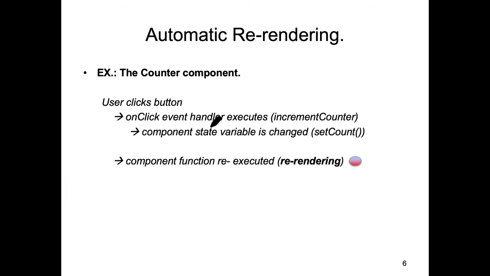Because it changes the state variable, that causes the component function to re-execute or re-render. That's the flow that opens up a lot of avenues to us. In particular, it opens up the whole nature of dynamics in our web pages. So that's the 101 on component state, and it doesn't get any more complicated than that.